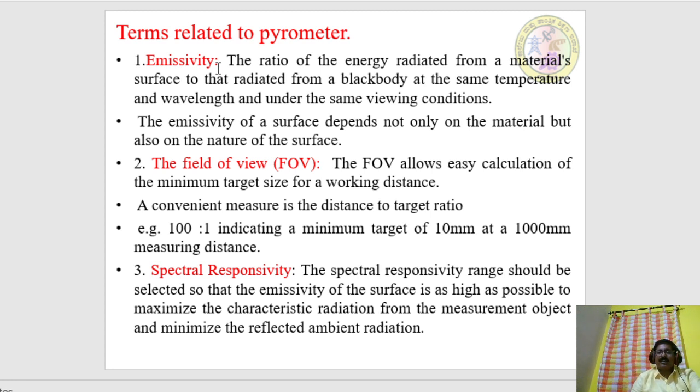Then spectral responsivity, which is a range generally, should be selected so that the emissivity of the surface is as high as possible, to maximize the characteristic radiation from the measurement object and minimize the reflected ambient radiation.